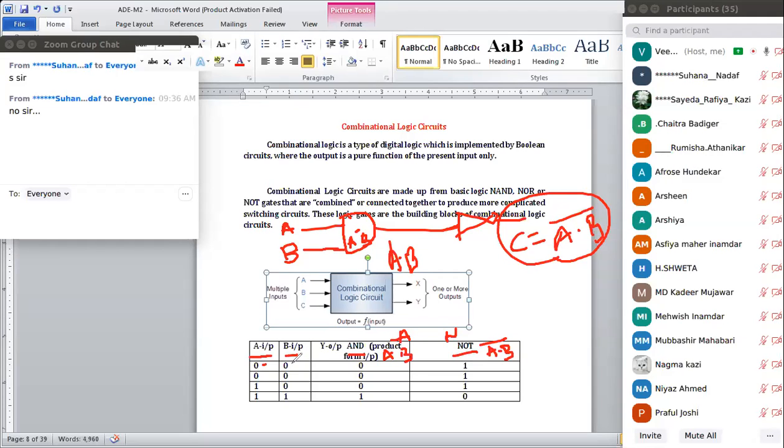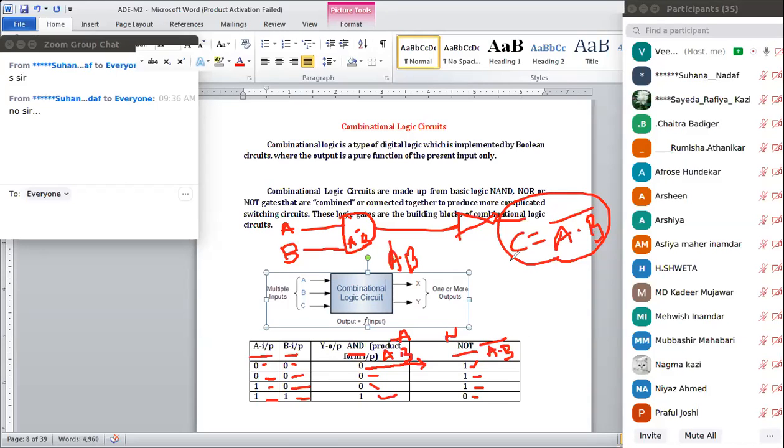So 0 into 0 is 0, 0 into 1 is 0, 1 into 0 is again 0, and 1 into 1 is 1. This is given to a NOT gate, where 0 is complemented and made 1, again 1, 1 and 0.